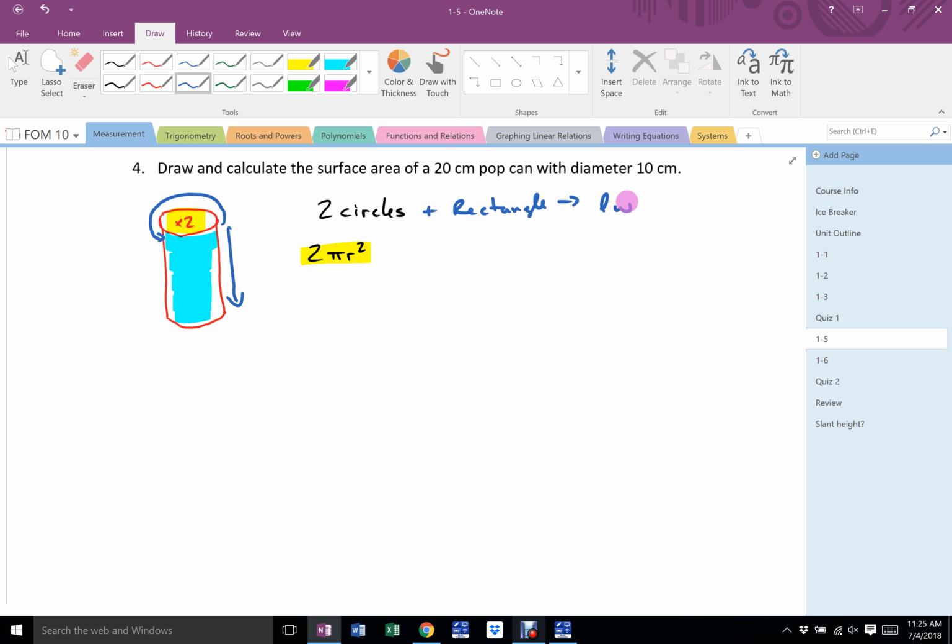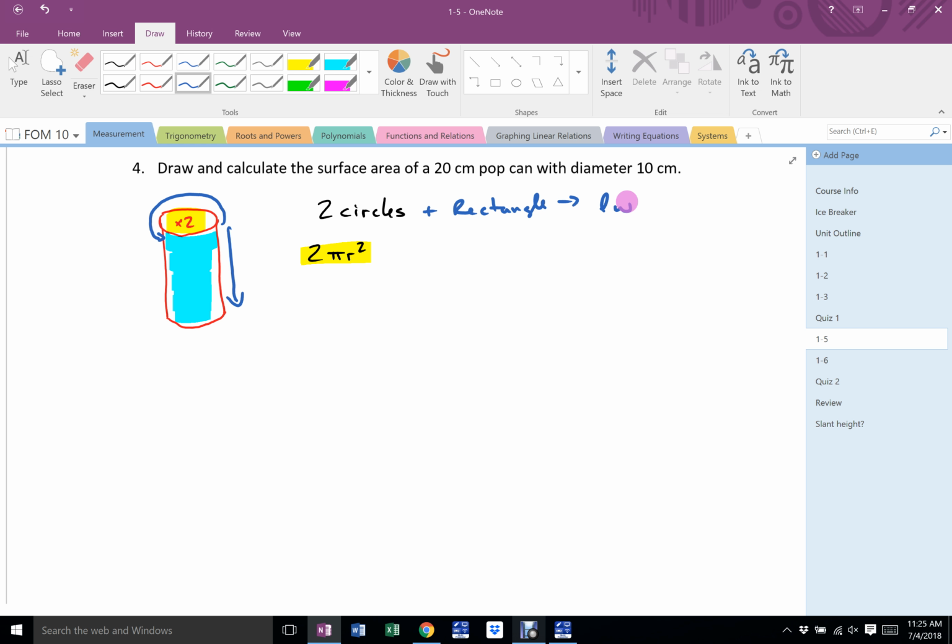But if I flattened it out, you would call one the length and one the width, wouldn't you? So when I make it a cylinder, does the height not become either the length or the width? Everyone agree? And the other one becomes the circle, which is the circumference, right?